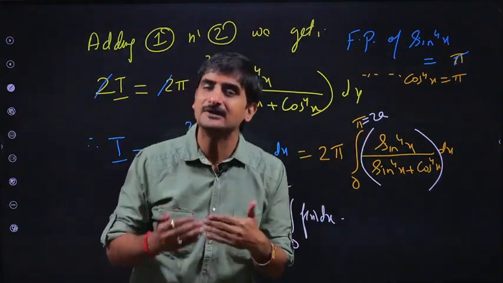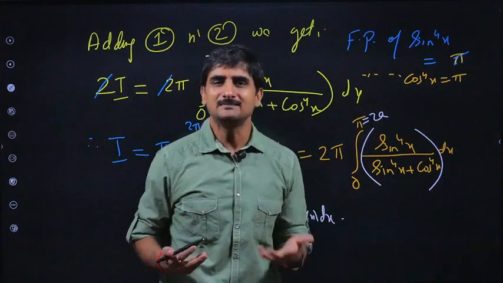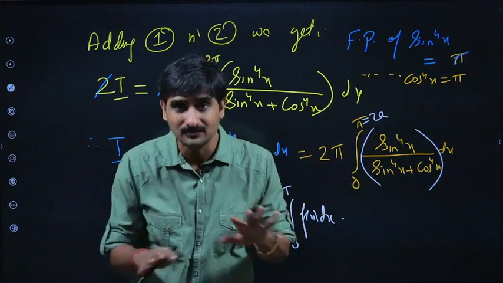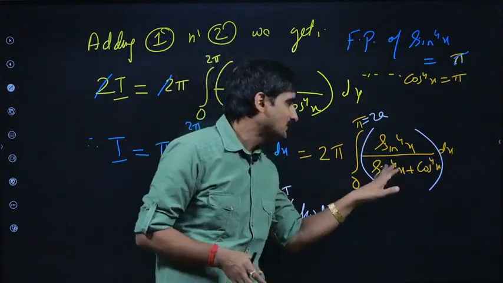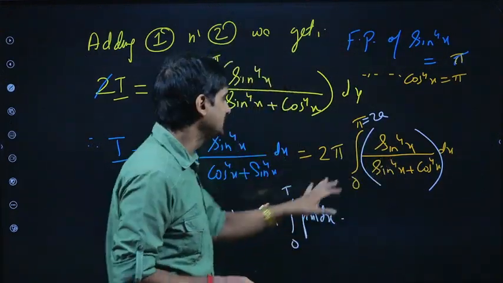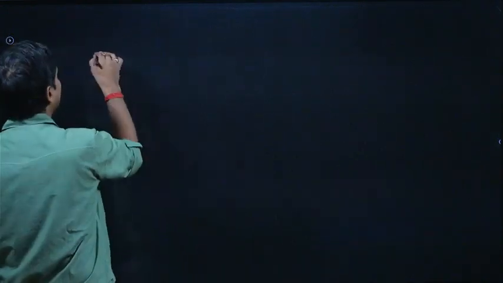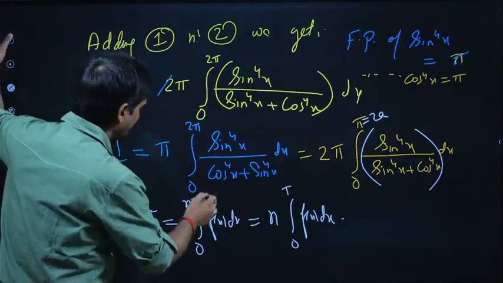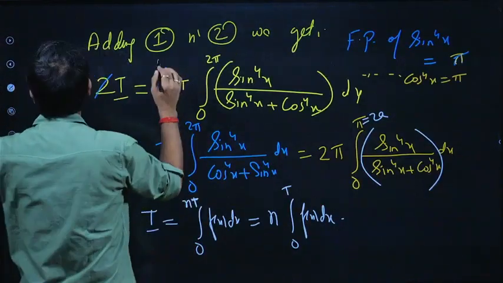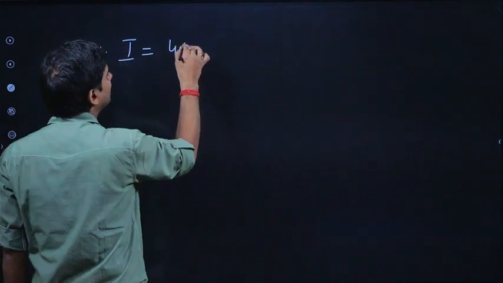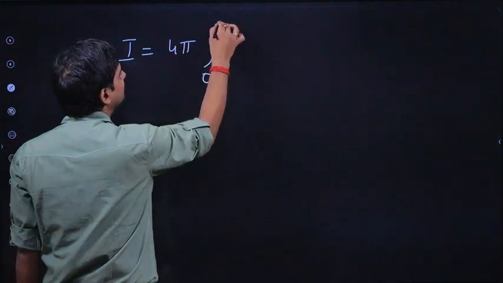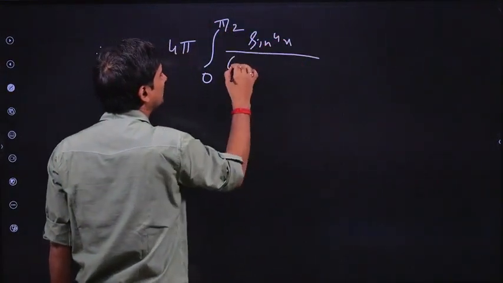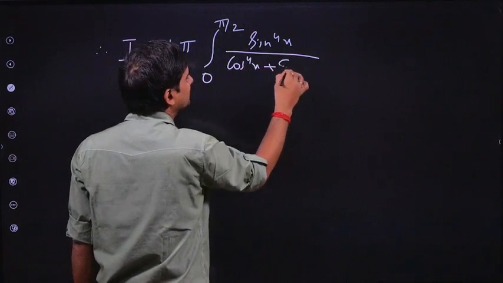Of course, it's an even power, so whether you get minus sin x or minus cos x, both positive or both negative, won't make any difference. Ultimately, we are going to get back the same integral. So therefore, now again I will write my I as, we already had 2, so it's 2 into 2, 4 times the integral from 0 to pi by 2 of sine raised to the power 4x upon cos raised to the power 4x plus sine raised to the power 4x.